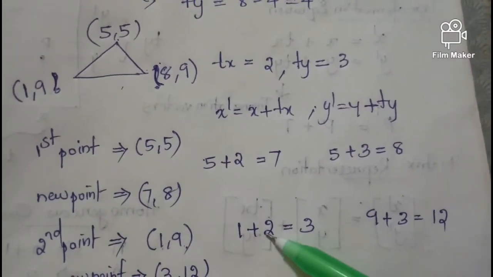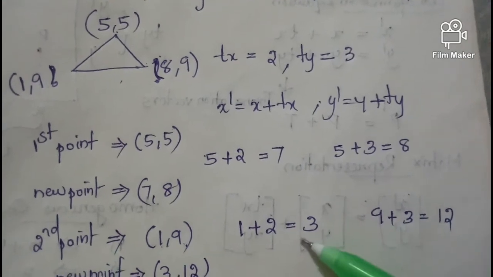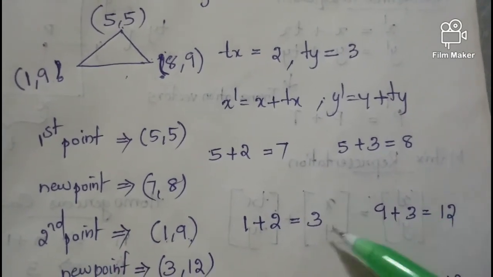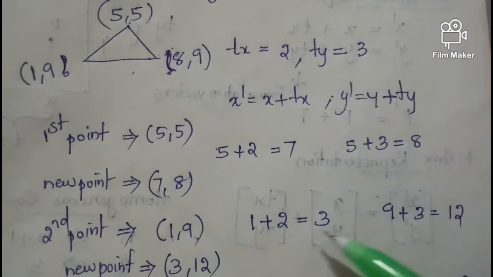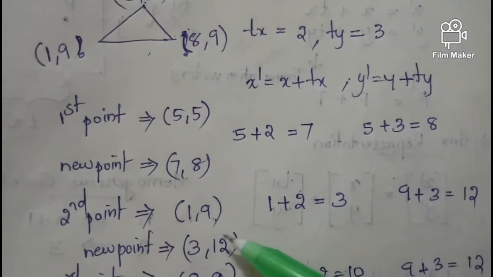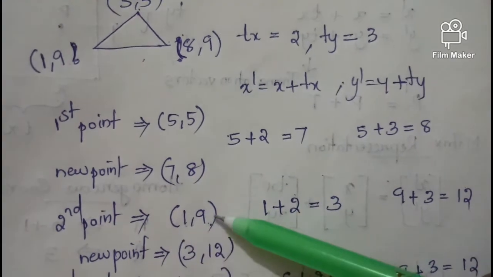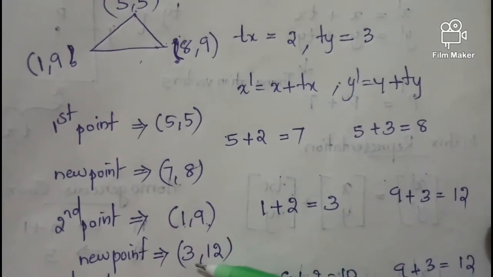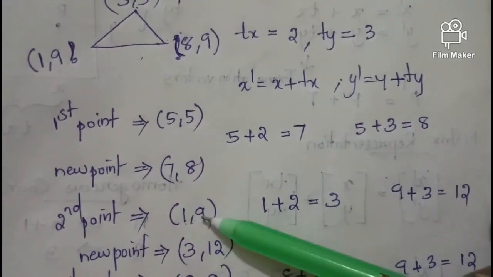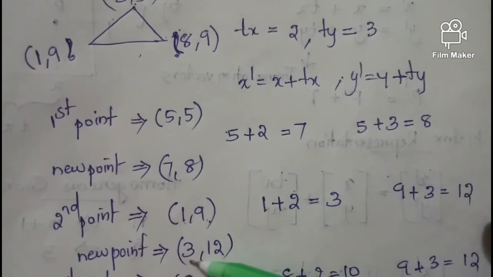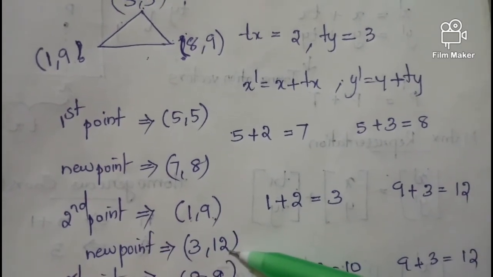This is x plus tx and this is y plus ty. You got two new values. This is x dash and this is y dash. Okay. So second point is 3, 12, which means from 1, 9 the translation made the second point of the triangle be moved to a new location 3, 12.